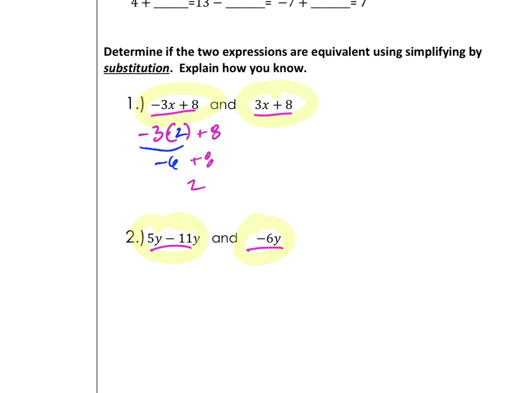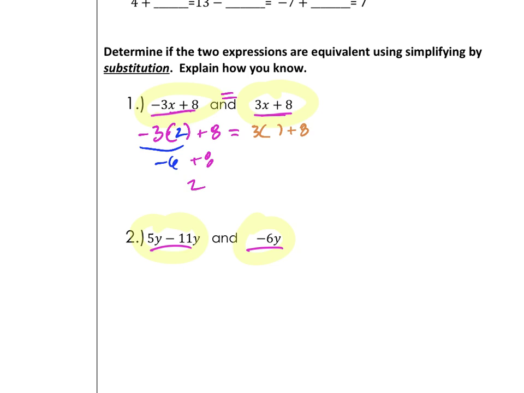Now, if these two are equivalent, then when I put in a 2 for the x in 3x plus 8, they will come out to be the same thing. Because if these two expressions are equivalent, then when I plug the same value in, they should come out the same. So I'm going to have 3 times whatever x is plus 8.